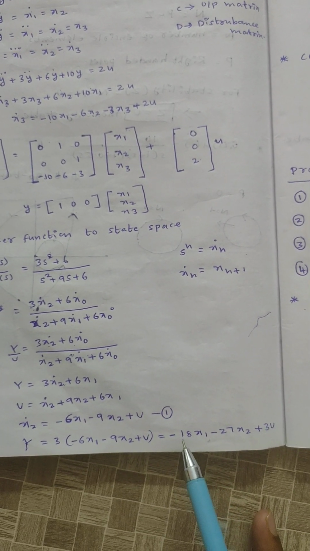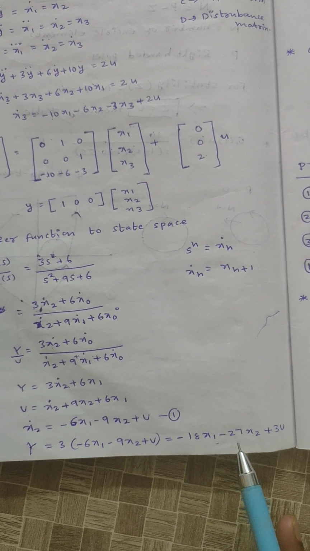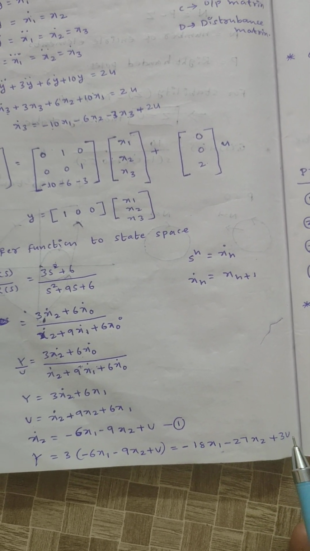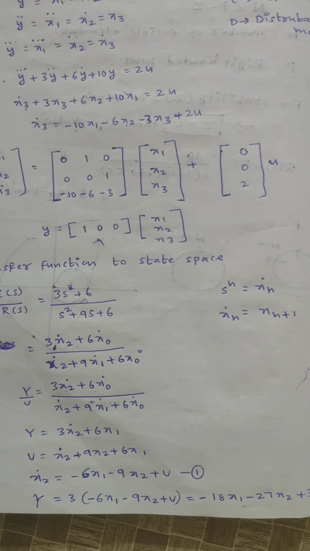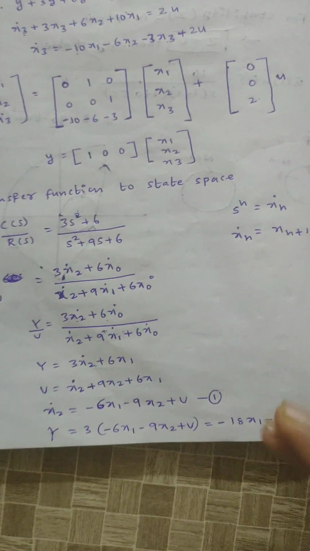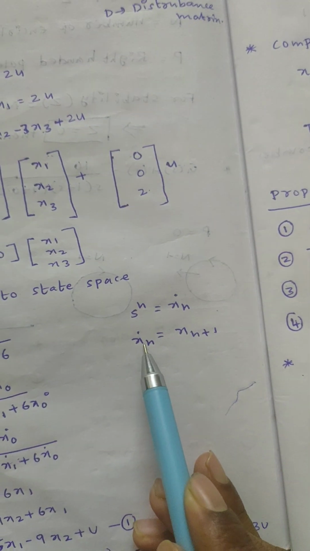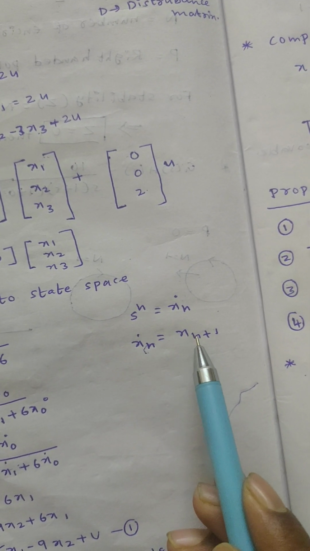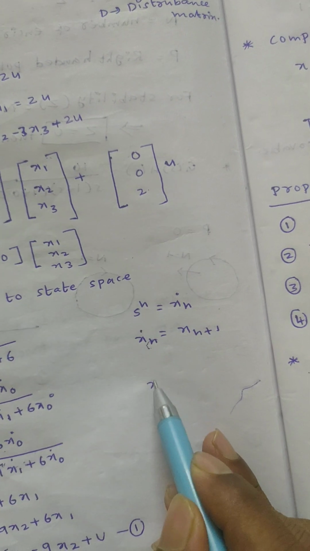Then output y is equal to minus 18x1 minus 27x2 plus 3 into u, right? Next, already we know from this formula that x1 dot is equal to x2, right?